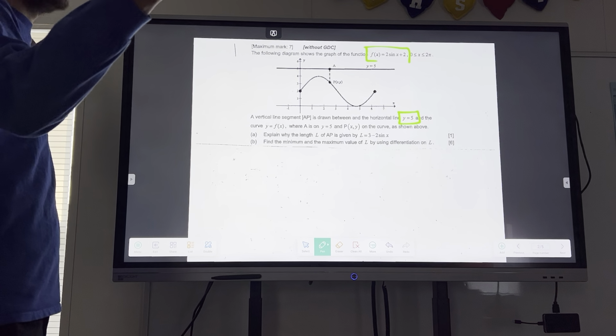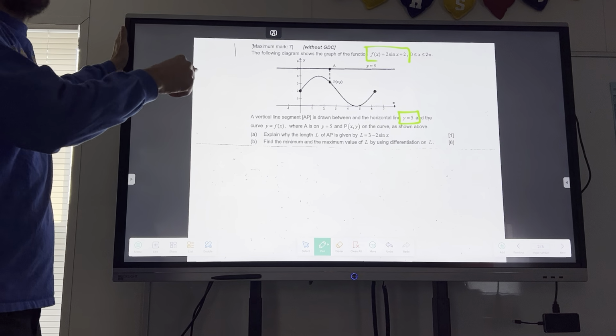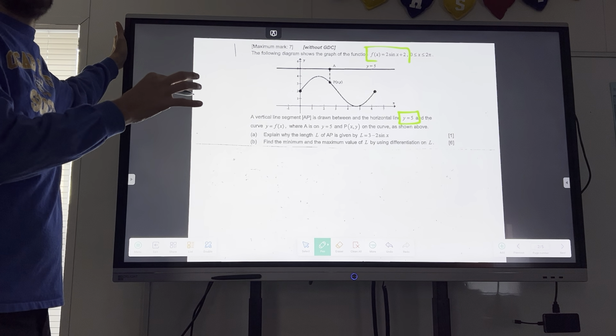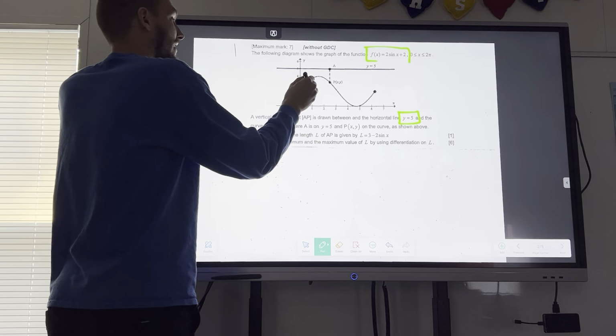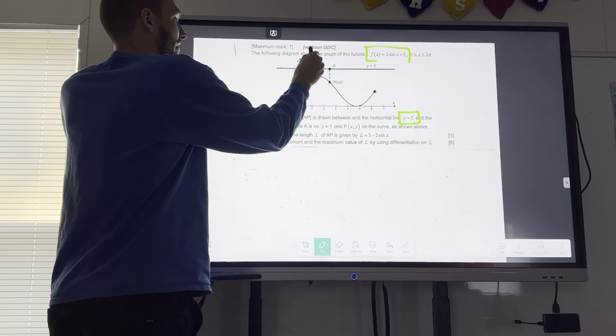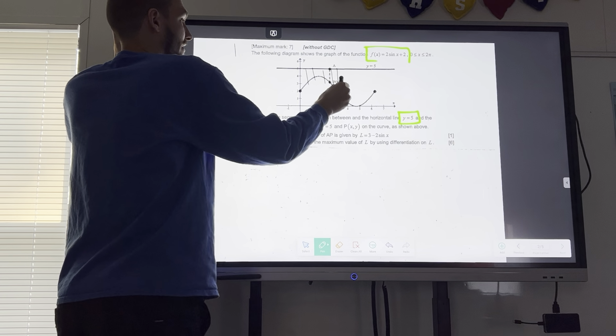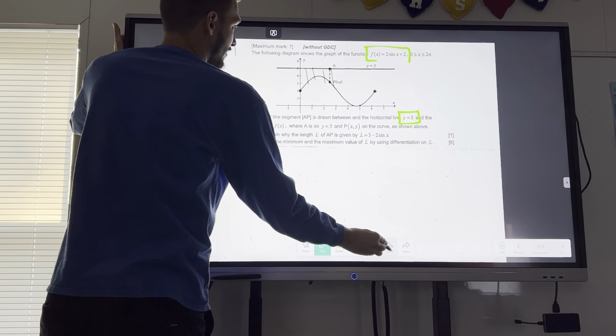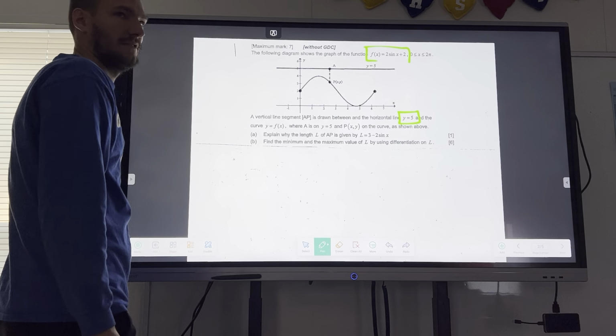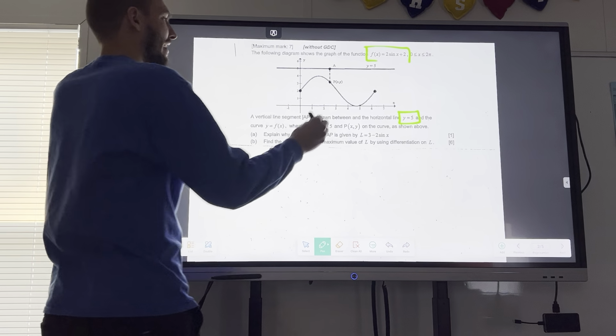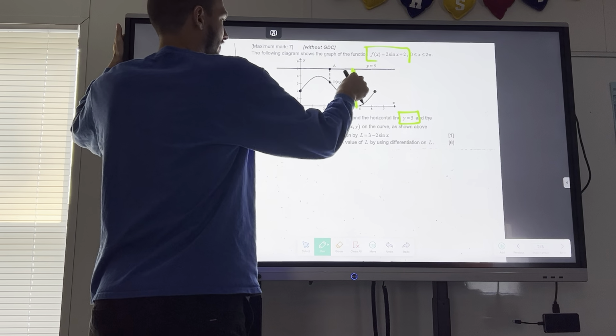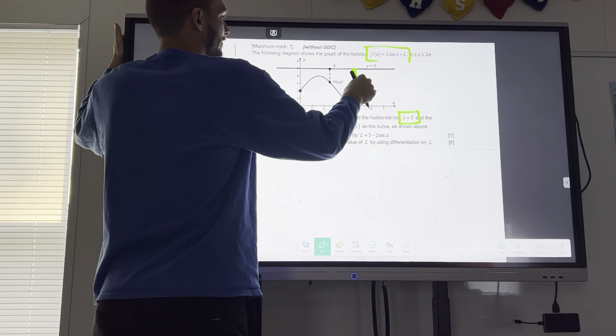What is the furthest that these two graphs are away from each other? What is the longest line L as I draw from here to here to here? What's the longest line that we get? 5. Yeah, right? I mean, there it is. You're right.